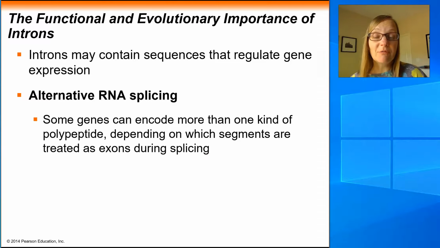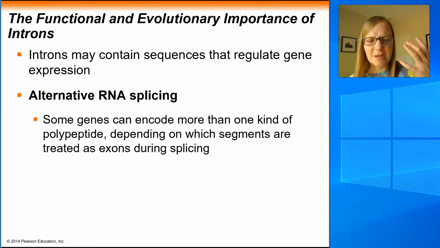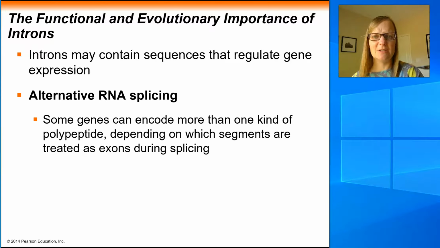All right, and so hopefully somebody's thinking, well, gosh, that seems wasteful, right? It's going to require energy on the part of the cell to actually cut out all these introns. What's the point in having them in there anyway? Why not just have one complete gene that just holds the coding regions of a particular protein?